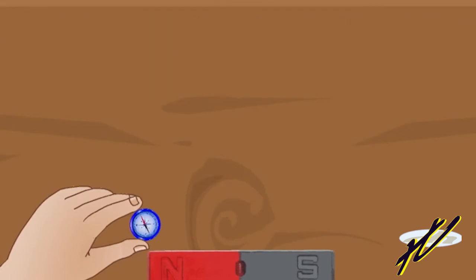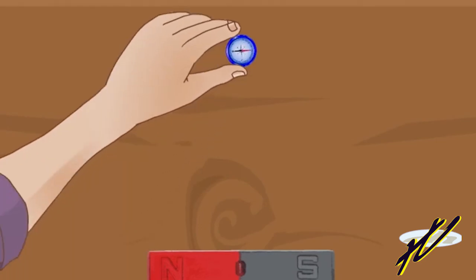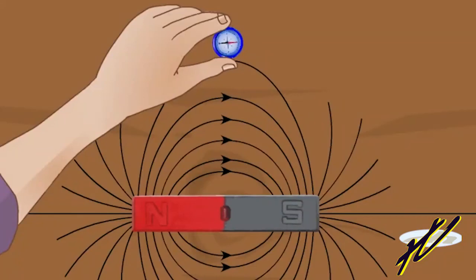When the compass needle is taken away from the magnet, the influence on the needle slowly decreases. The effect on the needle completely disappears after a certain distance away from the magnet. This clearly shows that the effect of a magnet can be felt in a certain region around a magnet.